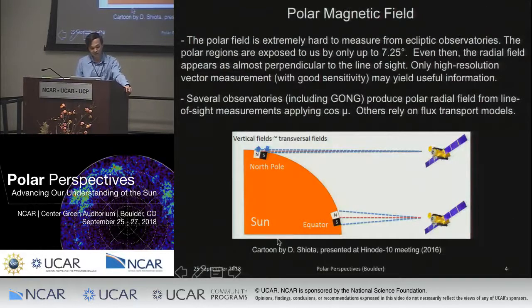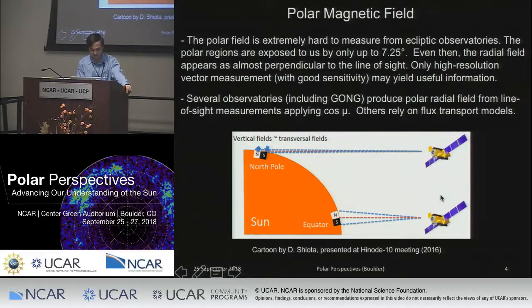And the polar magnetic field is very difficult to measure, extremely hard to measure from ecliptic observations, as many people have said. The Sun is tilted only by 7.25 degrees, and only in March and September do we see either the South Pole or the North Pole. But at other times it's very hard, and only high-resolution vector measurements with good sensitivity give useful information.